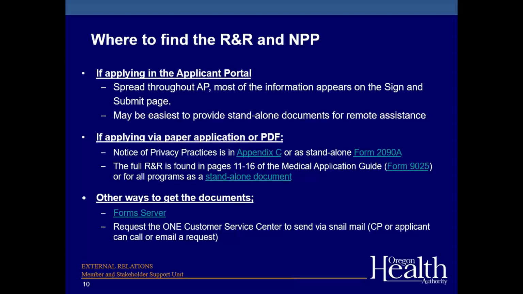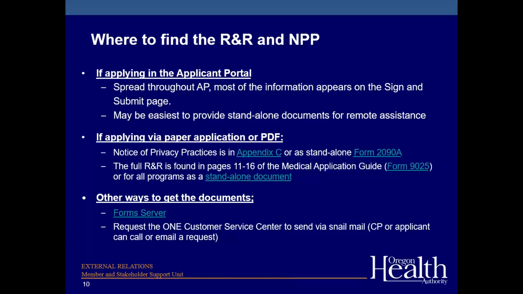So because of that, if you're assisting remotely with the applicant portal, it might be easiest to simply provide standalone documents instead of trying to figure out where to read to people along the way. So that would be our recommendation right now. You can do whatever works for you, but we're just mentioning that because of that, that might be your best path or your easiest path.